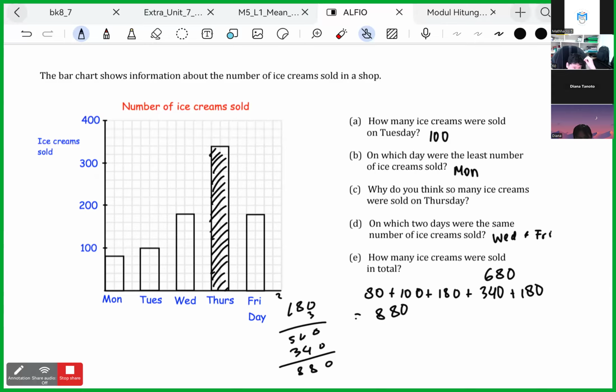And then 180 plus 180. And then plus another 180. Become 540. And then plus 340. 540 plus 340 equals to 880.